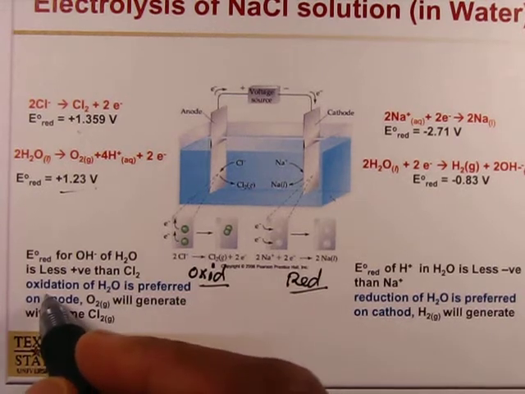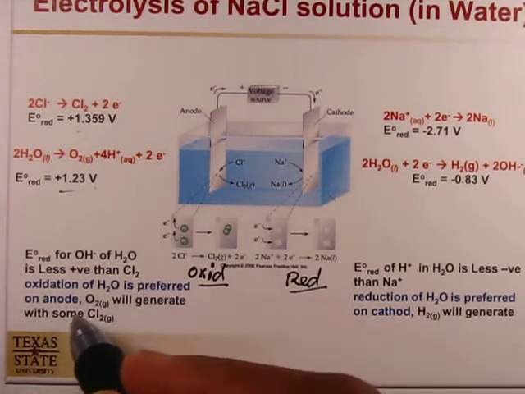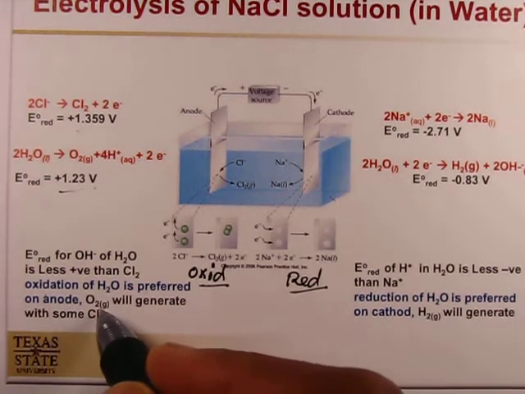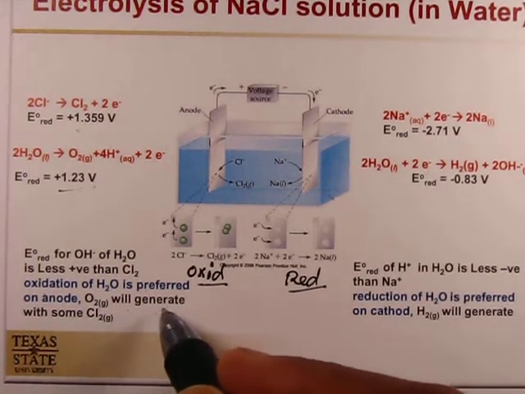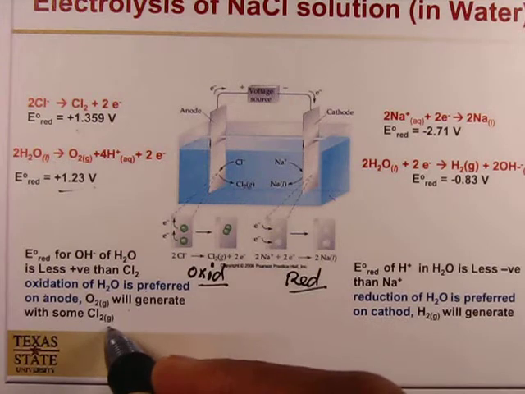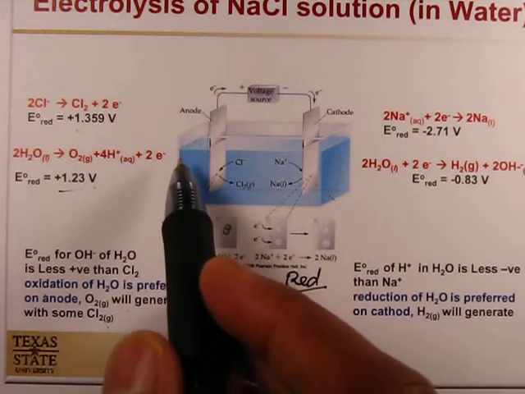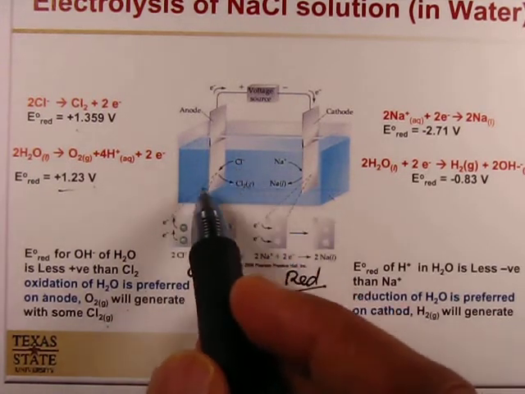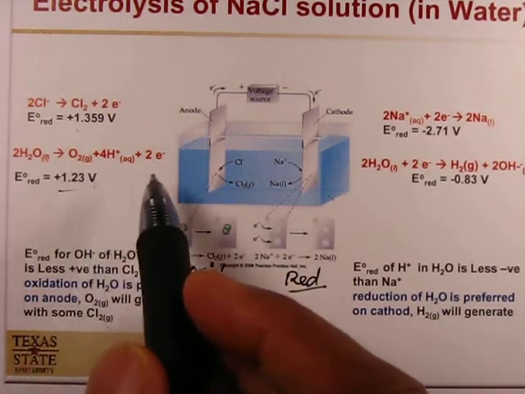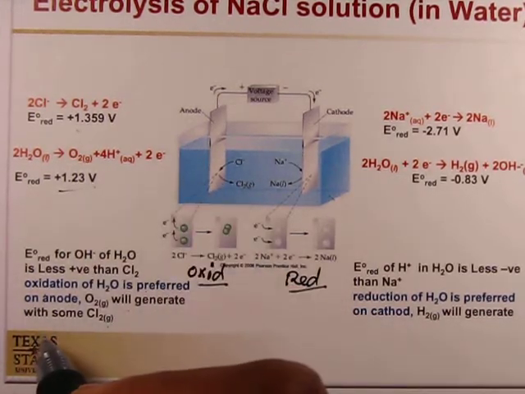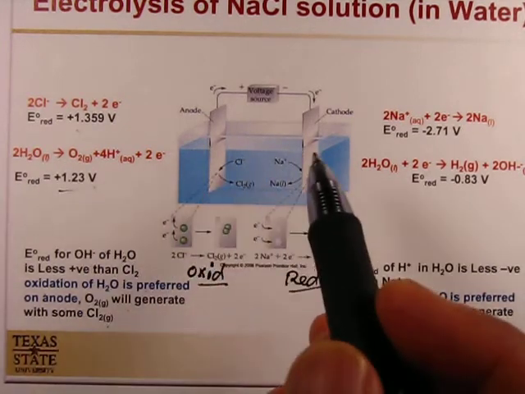Therefore, oxidation of water is preferred at the anode to produce oxygen gas, though it will generate some chlorine gas, but not all. So rather than oxidation of chloride, there will be oxidation of water at the anode if we dissolve sodium chloride in water.